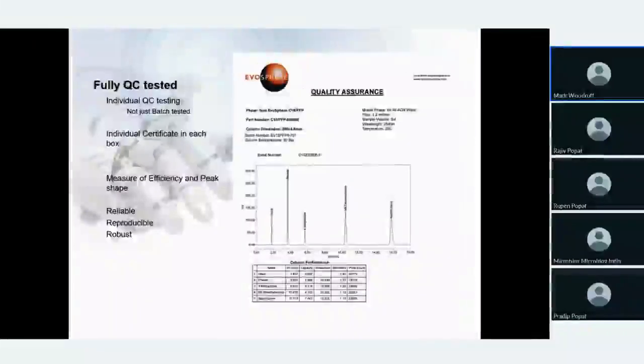We also do this in a 1.7 micron particle, so then you are talking plate counts of 180, 200, 230,000 plates per meter, depending on the compounds that you're running. Again, significantly above where we've been in terms of efficiency on 1.7 micron HPLC particles, and all with these 8 unique selectivities. But it means that in terms of robustness and reproducibility, you can be very confident in the performance of the columns because they're individually QC tested.